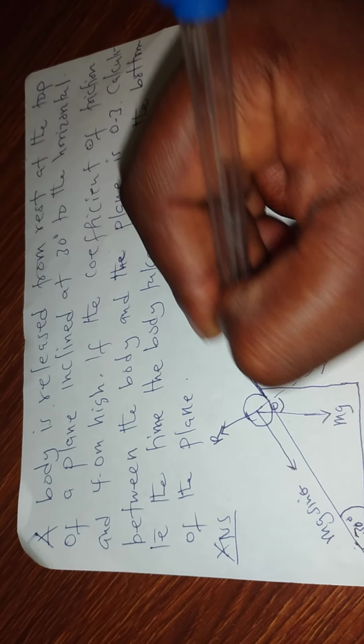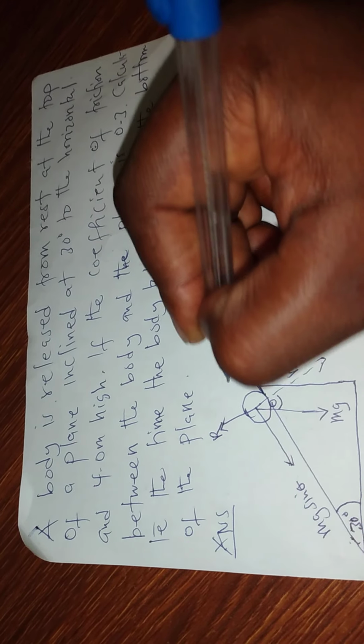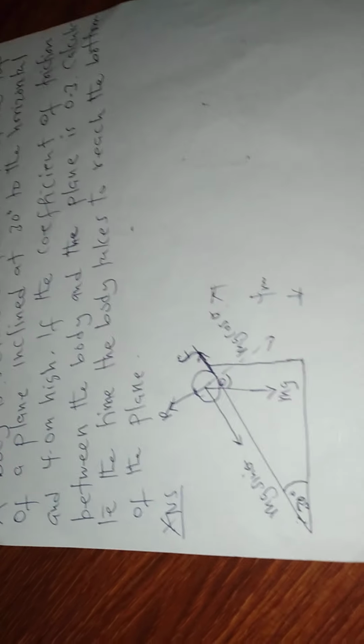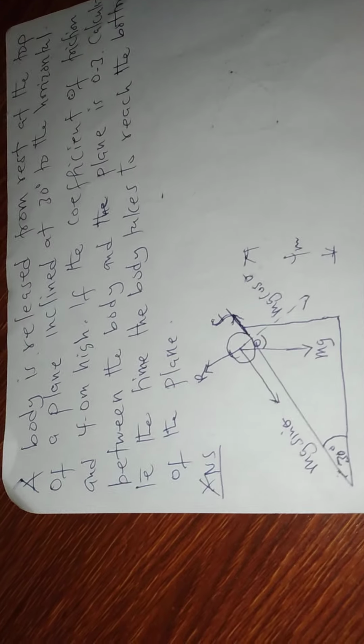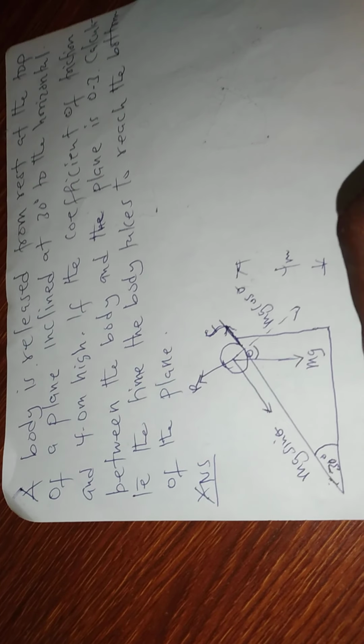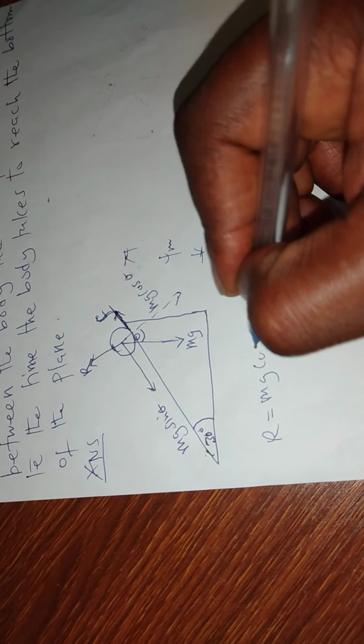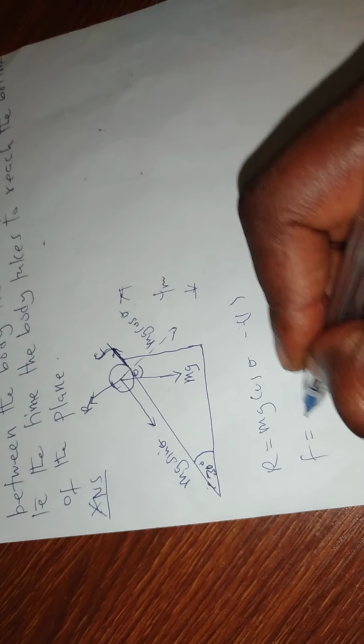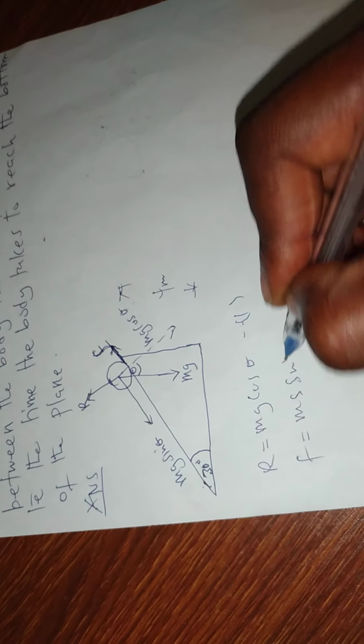Once it has a coefficient of friction, then it means that there is going to be our F over here. So the first equation we have R is equal to mg cos of theta. Let's call this our equation 1. Then we have F is equal to mg sine of theta. Let's call this equation 2.